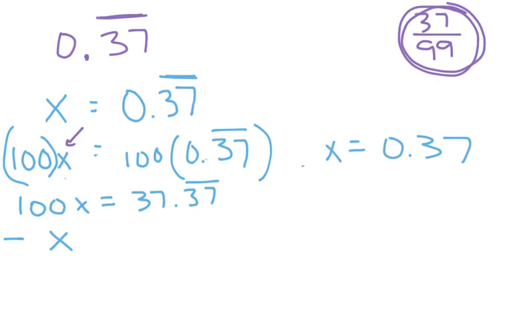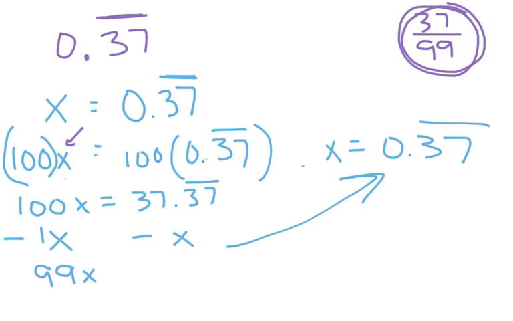Essentially, I'm subtracting one x from both sides. So I'm going to subtract an x from here, and I'm going to subtract x from here, but remember that the x is that 0.37 repeated. So if I subtract x from here, I'm left with 99 x's. Does that make sense? Because this is essentially 1x. Does that make sense? Okay, so you have 100 x's, you take away 1 x, you're left with 99 x's.